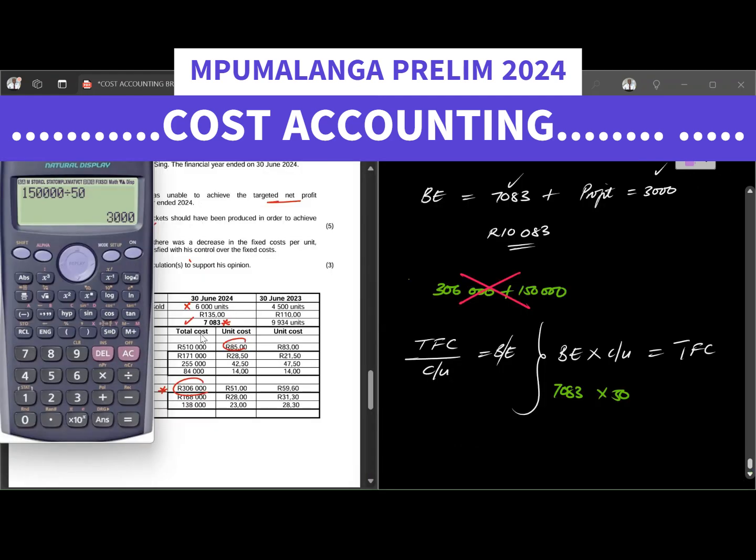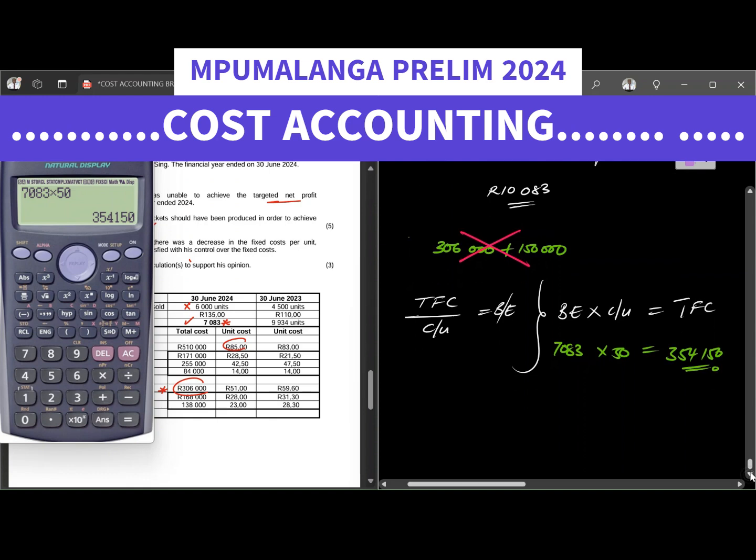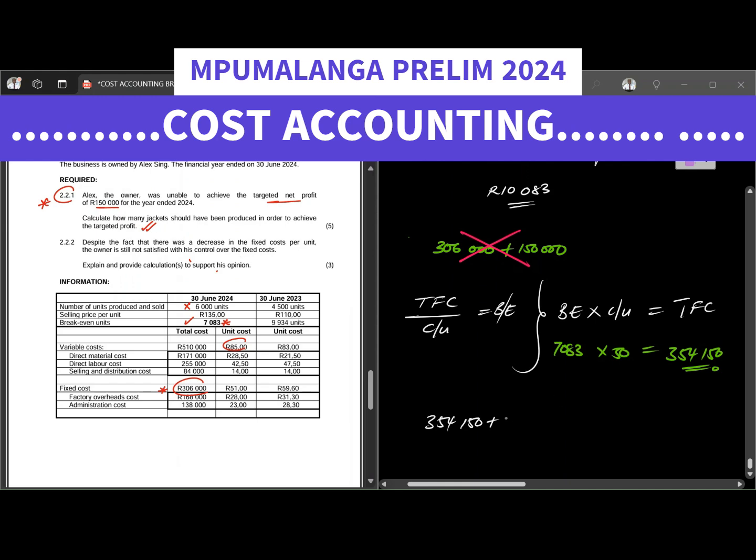So 7,083 multiplied by 50 gives me my total fixed cost, which is 354,150. Then I add my intended profit of 150,000, and then I divide that by my contribution per unit, that's your 50 bucks.